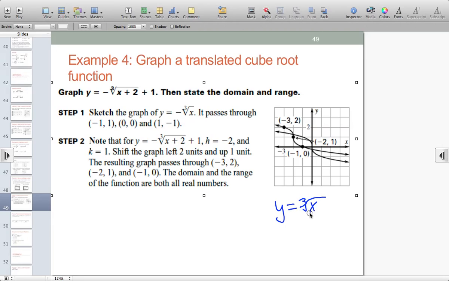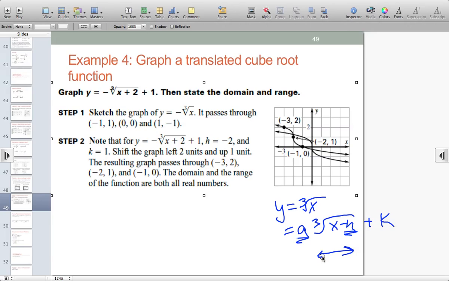And then if I make some adjustments, I can change the amplitude of that. Now, a gives me how wide or narrow the graph is going to be. h tells me how far left or right to move it.